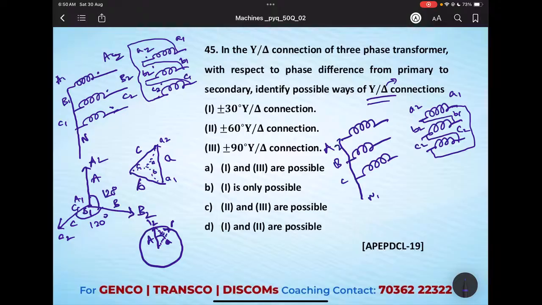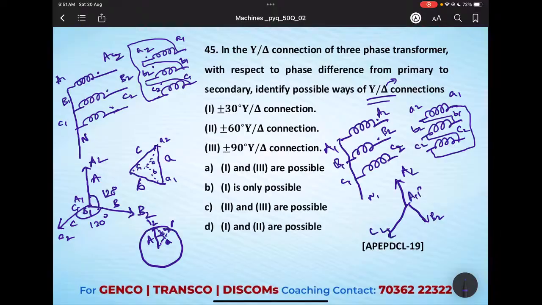A2, sorry, this will be A1, A1, B1, C1, A2, B2, C2. Let's write down the first primary side phasor diagram. It will be A2, B2, C2.